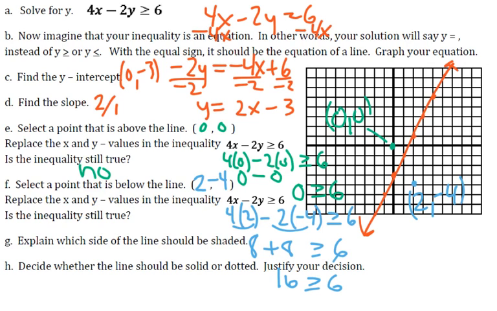Is 16 greater than or equal to 6? Yes. Okay, so which side should be shaded? I guess you could say to the right or underneath. That side, right? Why? Because that's where we have a solution. That's where our possibilities are. Okay, decide whether the line should be solid or dotted. It's also equal to, so it means it should be solid.